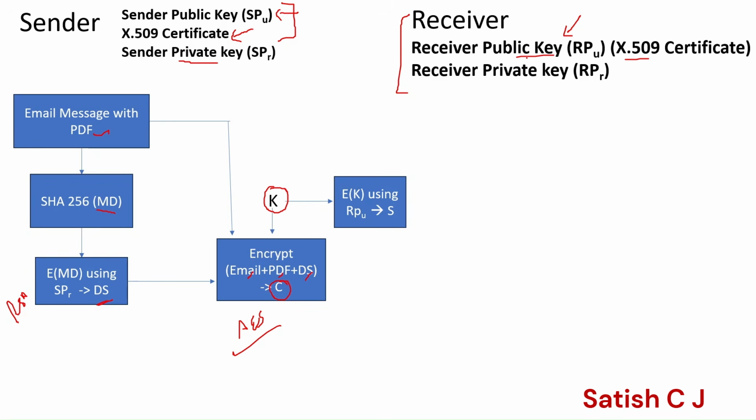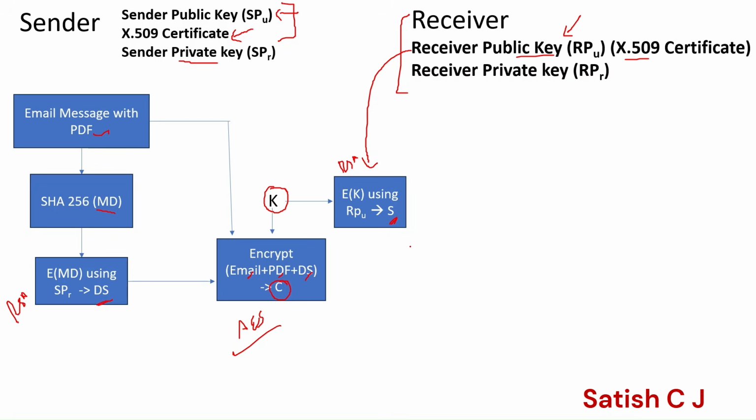So what we get here is the X.509 certificate from the receiver, and we take the public key inside the X.509 certificate. We encrypt this key used in symmetric encryption using RSA encryption here. So what do we use here? The receiver's public key from the digital certificate.